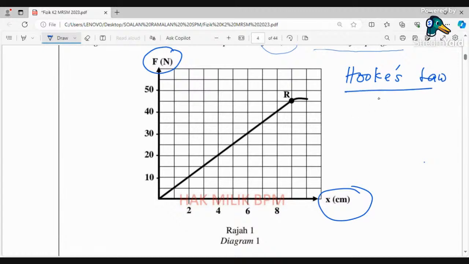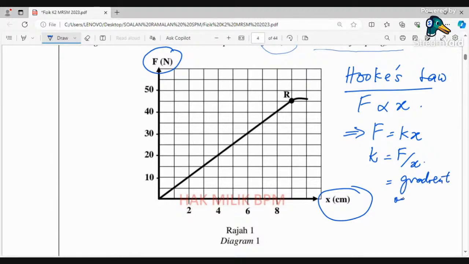What is stated by Hooke's law? F is directly proportional to X, then F equals kx, k equals F over x, which equals the gradient of the graph. F against X, because sometimes they will give you X against F.